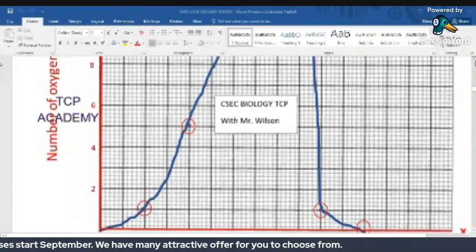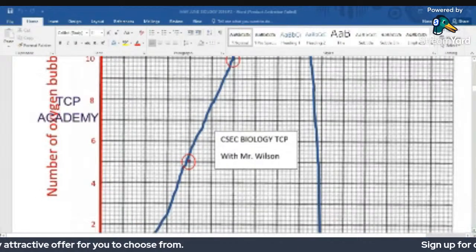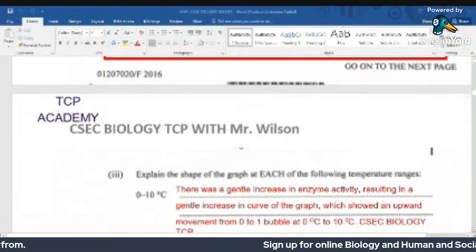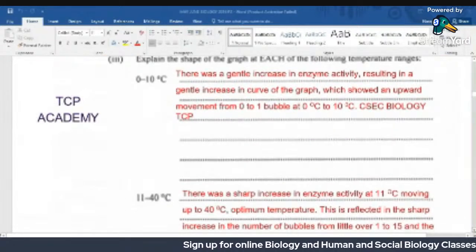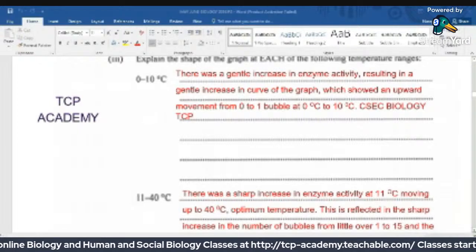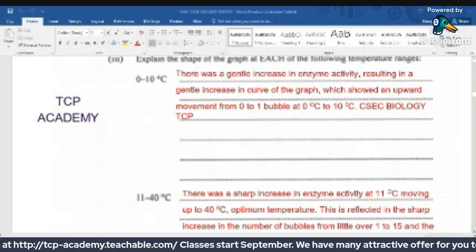The sharp increase, a diagonal line going up. So for 11 to 40, there was a sharp increase in enzyme activity, and of course, that resulted in a movement up to 40 degrees Celsius, which was the optimum temperature.